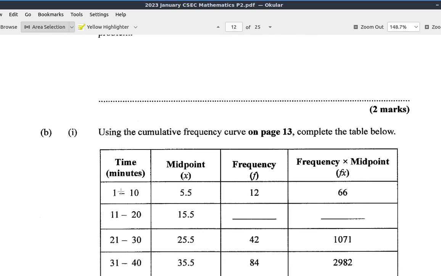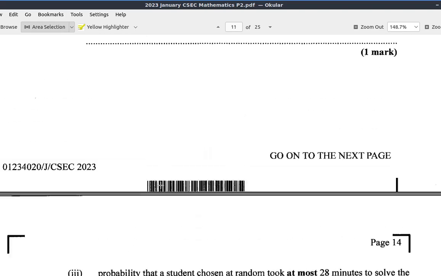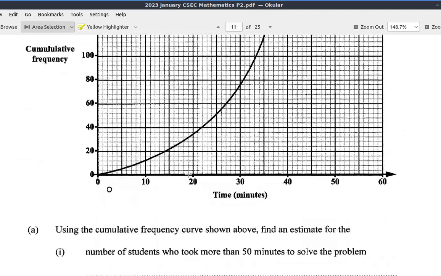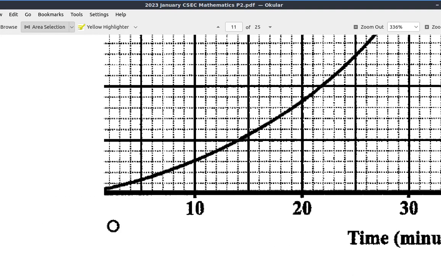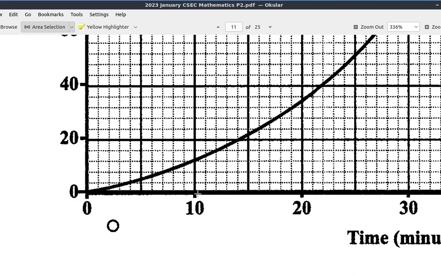Now, 1 to 10. Remember, it's a continuous variable, so you're looking at up to less than 10.5. So we're going to look at 10.5 and see where the curve gets us on the graph. If we zoom in a bit, we're going to see that if we go to 10, each square is 1. 1, 2, 3, 4, 5, 6, 7, 8, 9, 10.